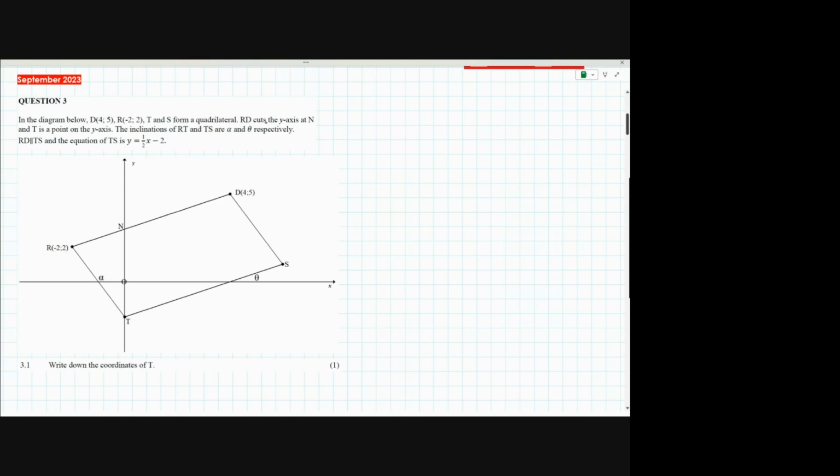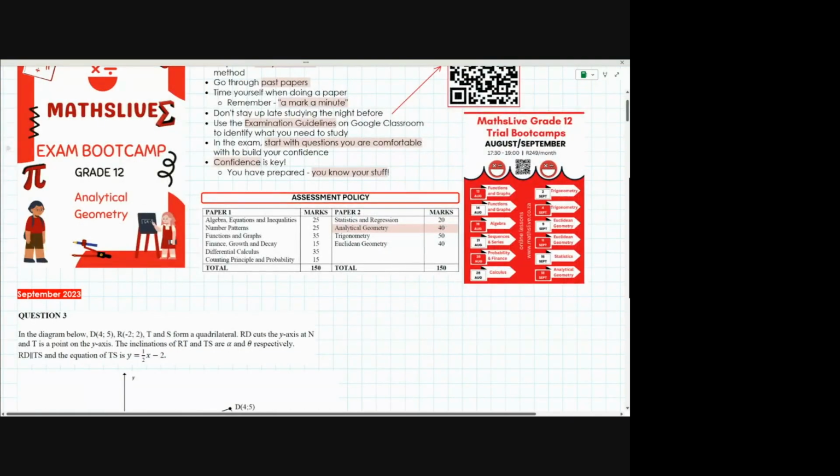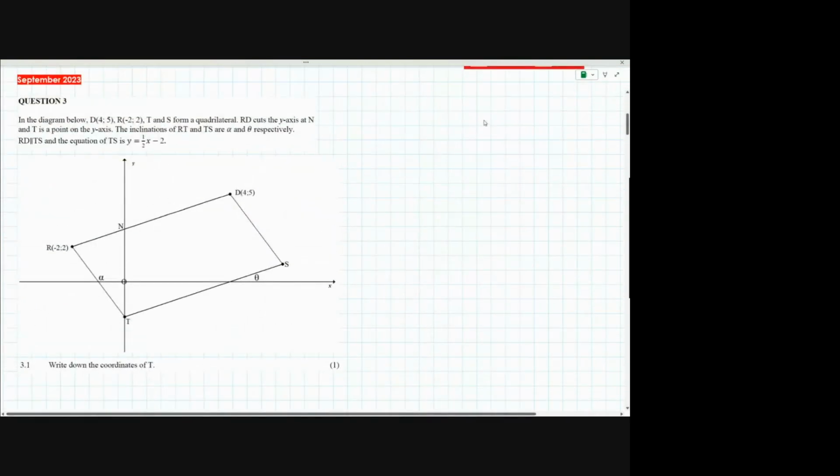RD cuts the y-axis at N, and T is a point on the y-axis. The inclinations of RT and TS are alpha and theta respectively.